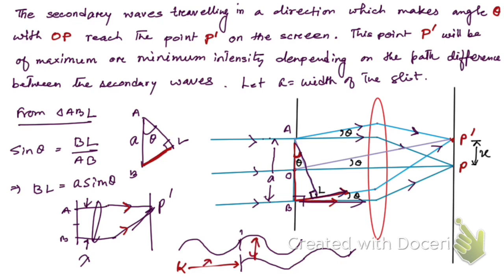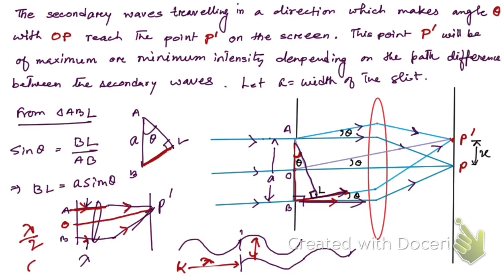But here you see, when you see the path difference between the two waves originating from A and B is lambda, then the path difference between the ray of light, or the wave, originating from O and A will be lambda by 2.